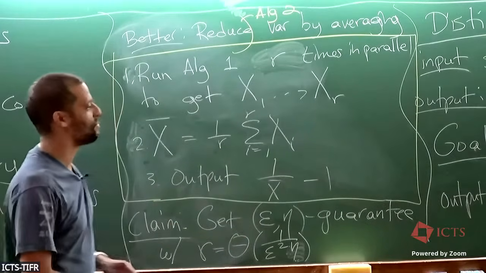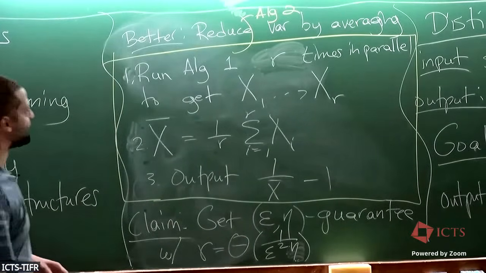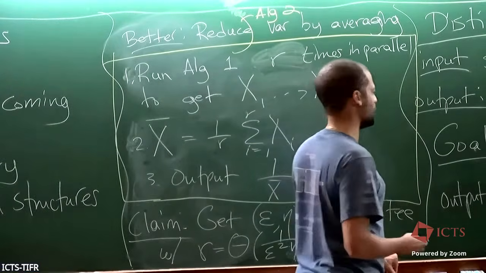Okay, so what do you do if you want really good failure probability?